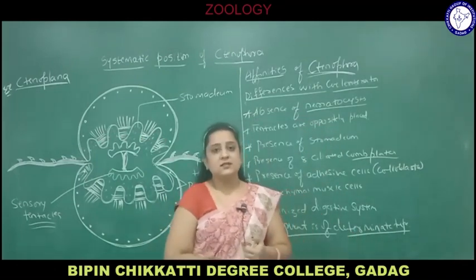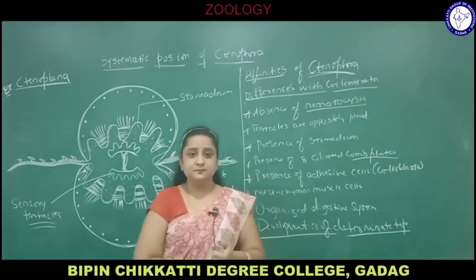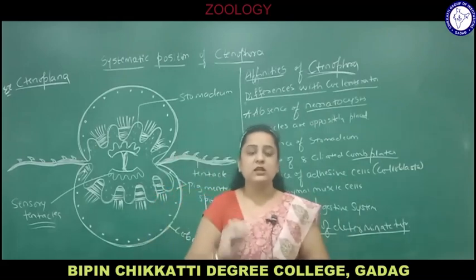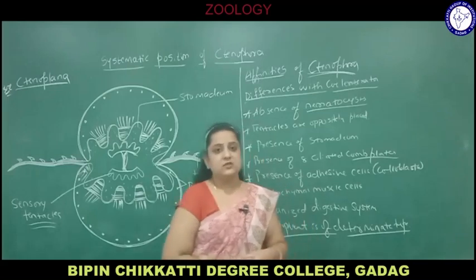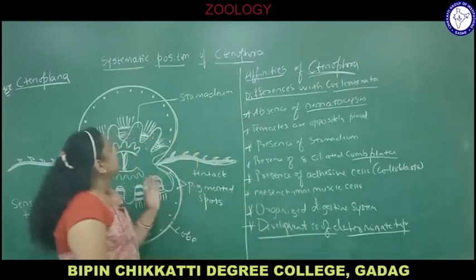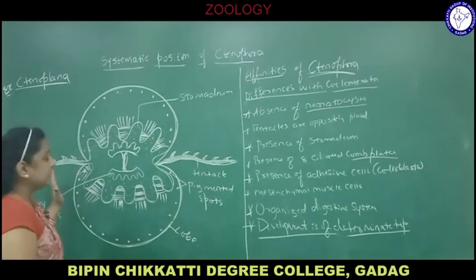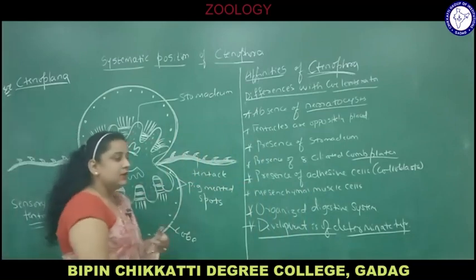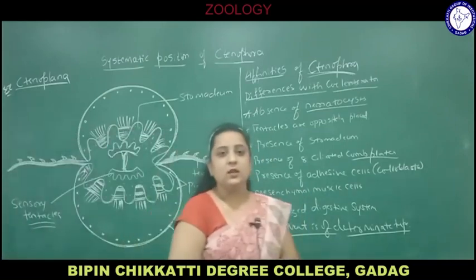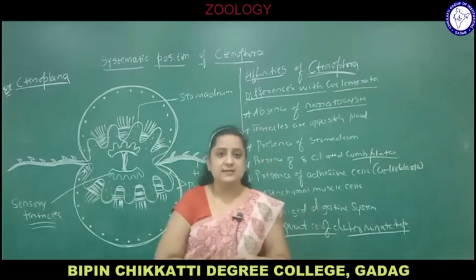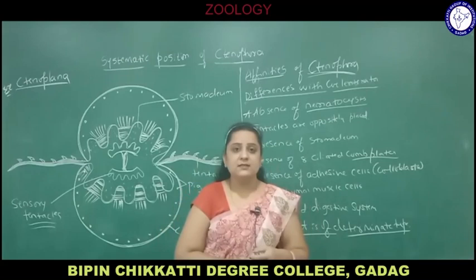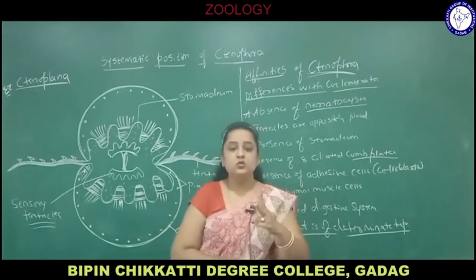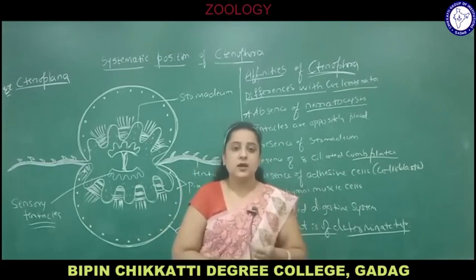What all we discussed in this phylum: it is a very short, very small phylum with only 50 species. We have seen general characteristics and classification of this phylum. Today's session we discussed the systematic position of phylum Ctenophora. Ctenophores are commonly known as sea walnuts or comb jellies. It is divided into 2 classes. Class 1 Tentaculata, class 2 Nuda.